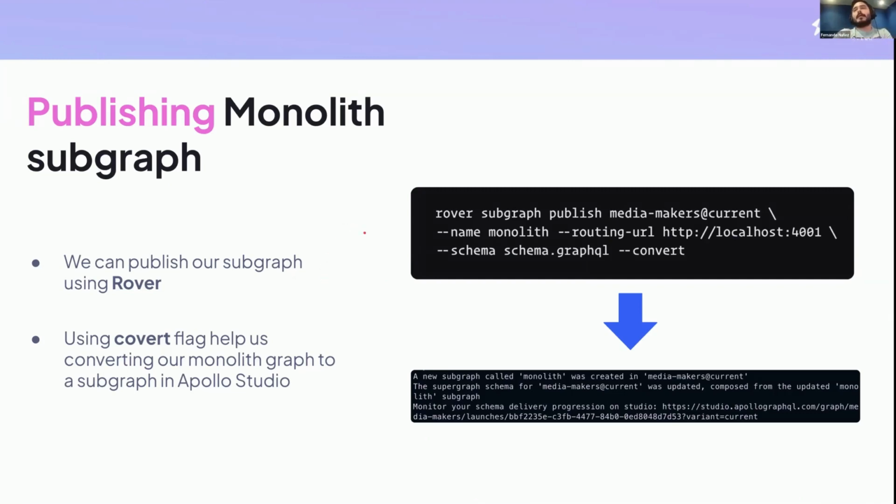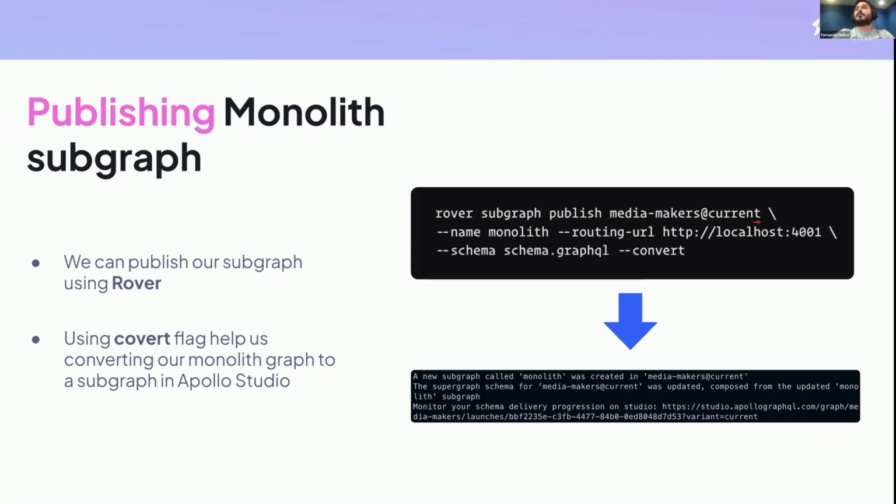So now we are going to convert our monolith, which is a graph in Apollo, into a federated graph in Apollo. The way to do that needs the help of the Rover CLI, and basically what we are saying to Rover is that we want to publish to Apollo the subgraph that we have defined.